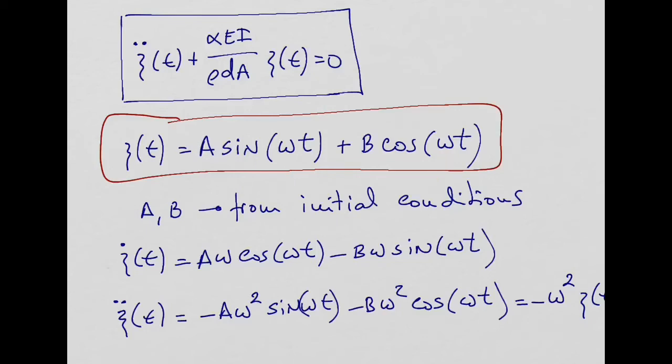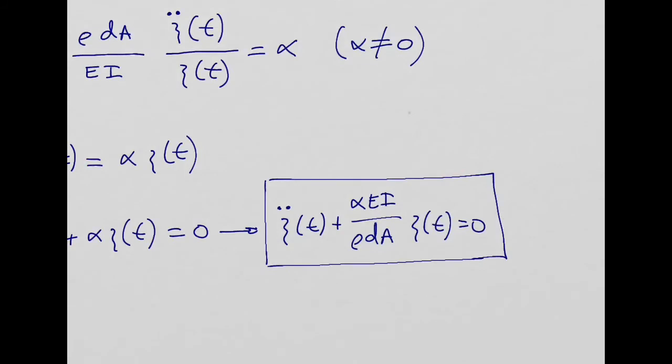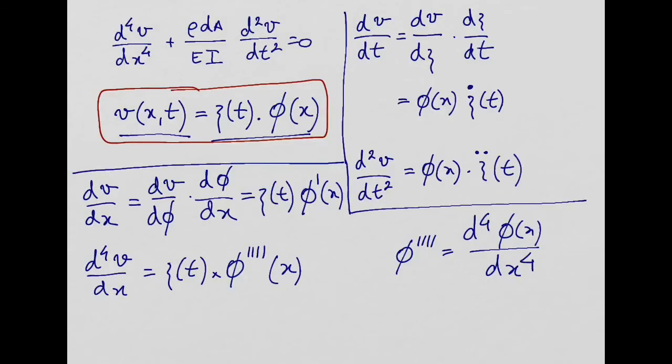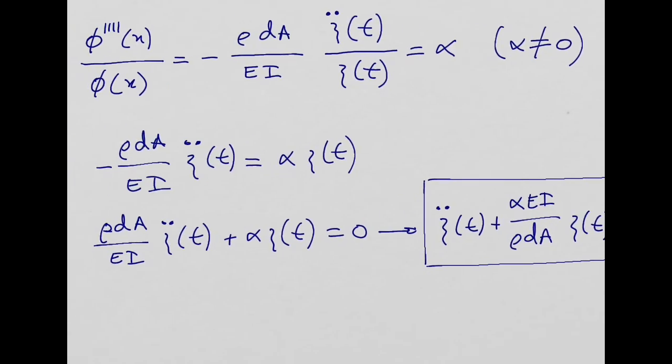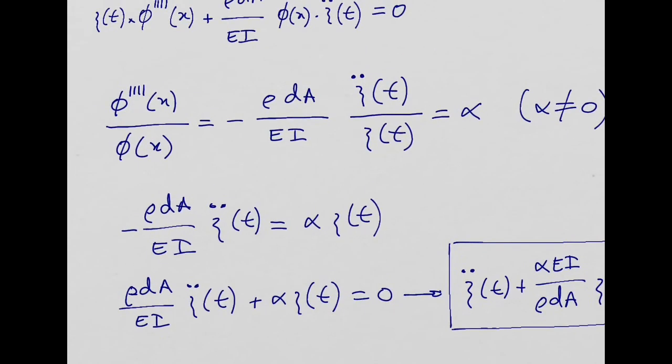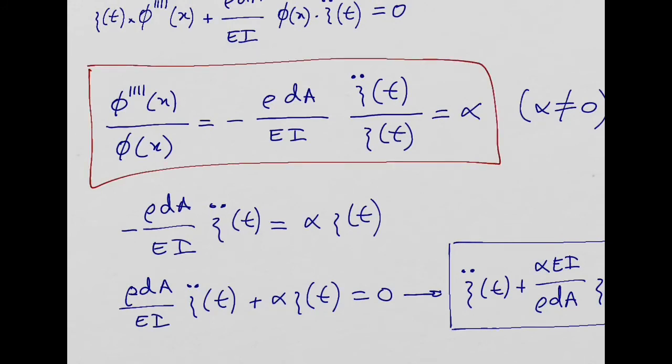But we still have to work out our function phi. So if we go back to this formulation here, when I said that this equality needs to be equal to a constant, we have only used this equation for our analysis.